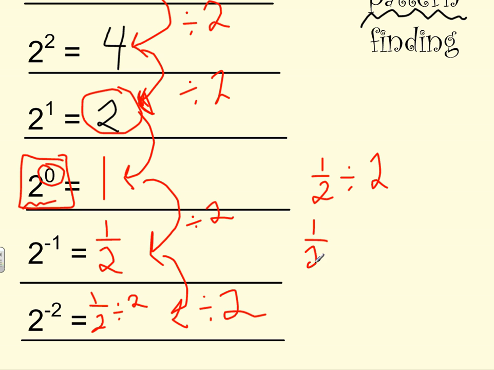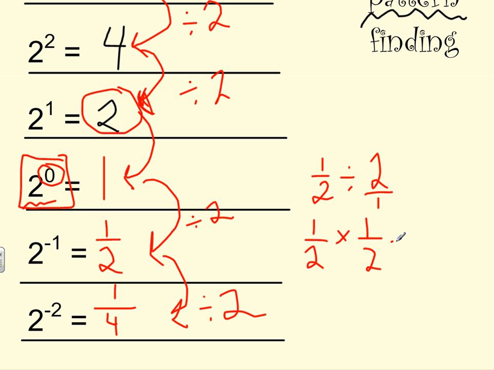The first fraction you leave, you change division to multiplication, and then you flip this second number. Now, I know that all whole numbers can be written as the whole number over 1, so if I flip that, I'm going to end up with 1/2 times 1/2. So down here, 2 to the negative second power is 1 over 4.